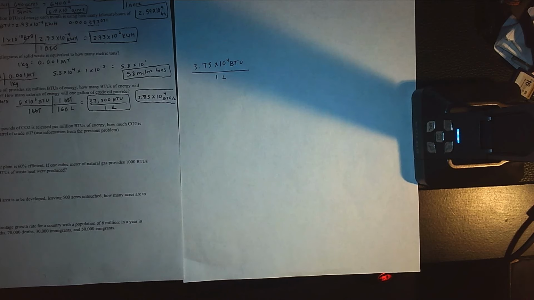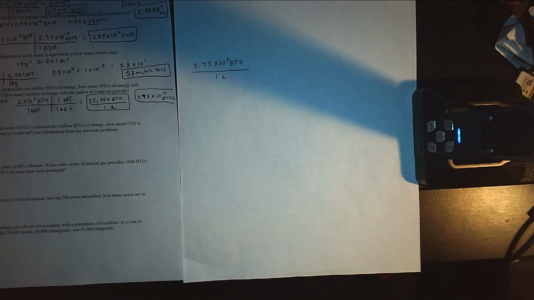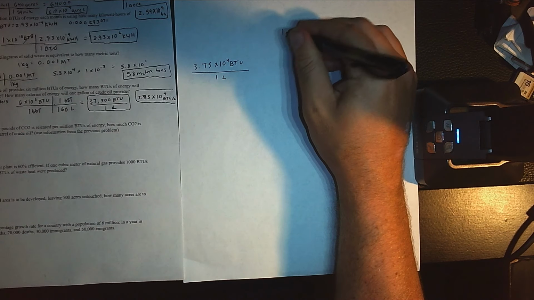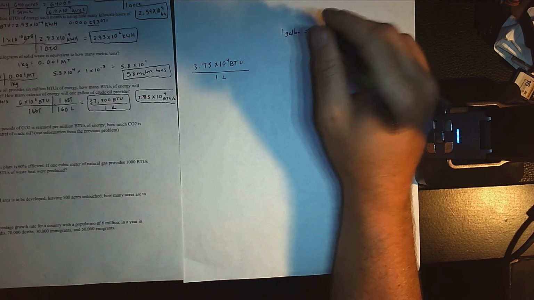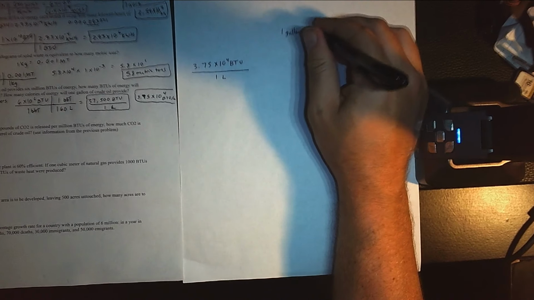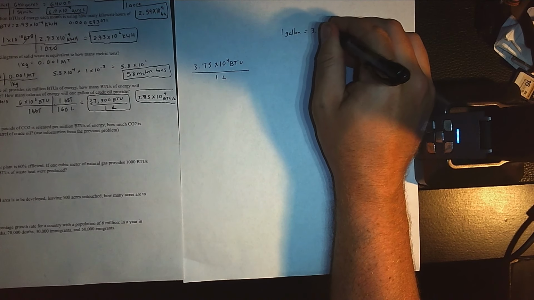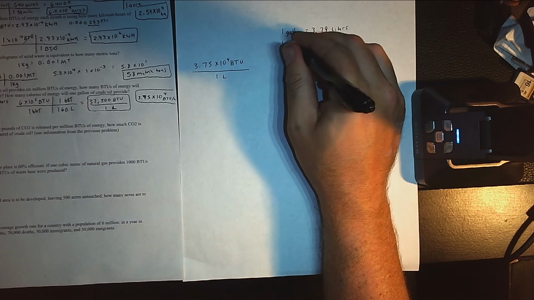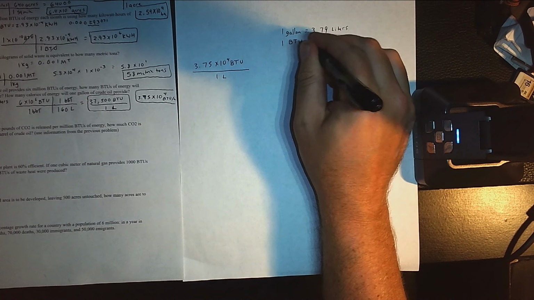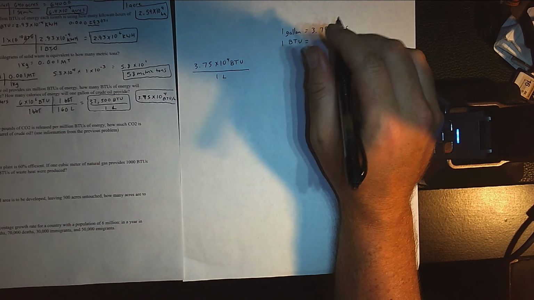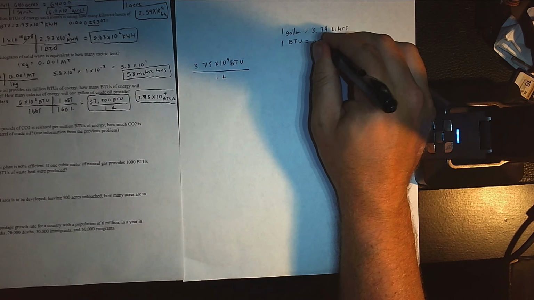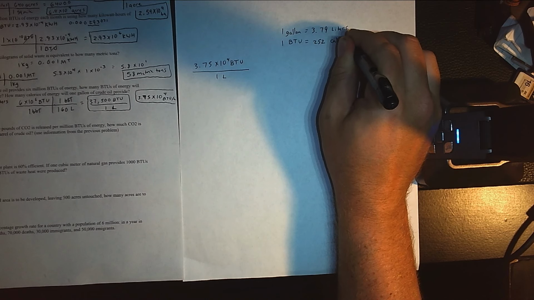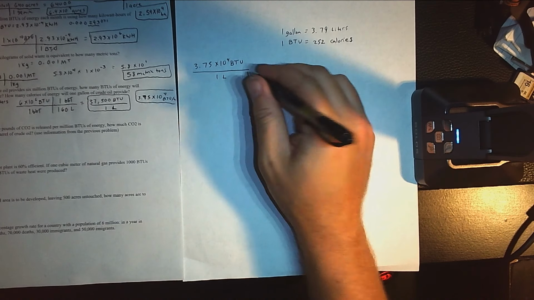Now we need to know something about energy to calories, and something about gallons to liters. So 1 gallon is the same thing as 3.79 liters, and 1 BTU is the same thing as 252 calories.